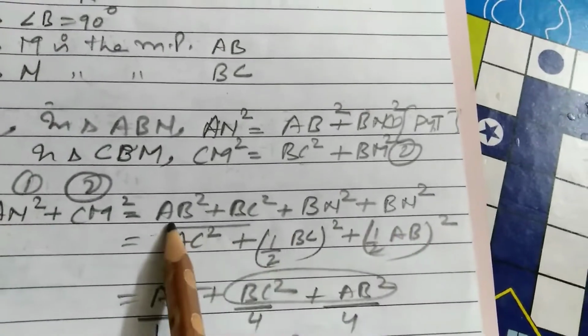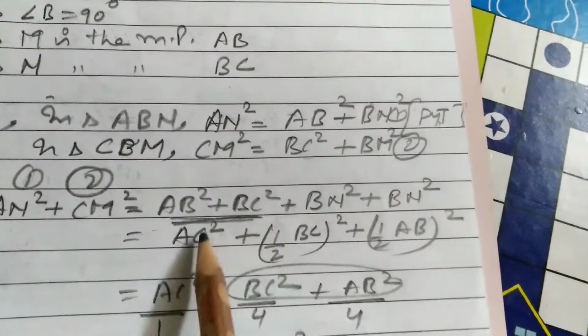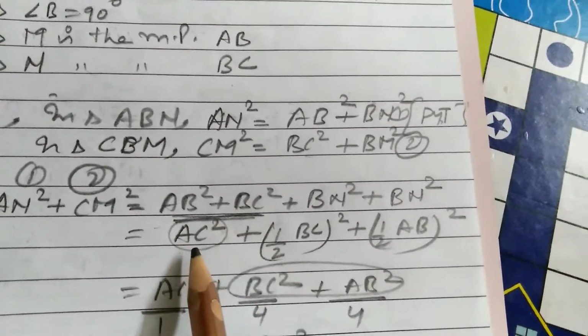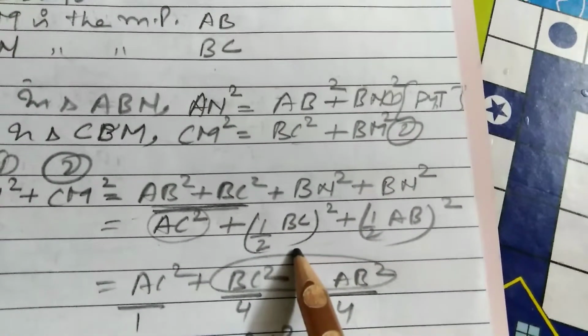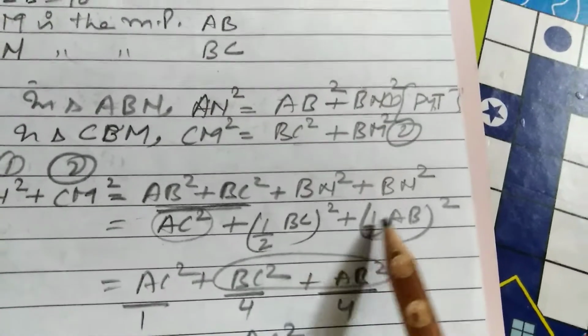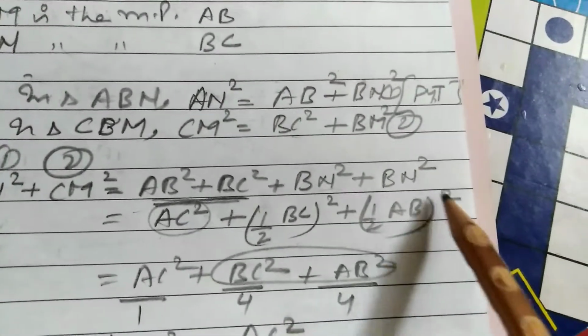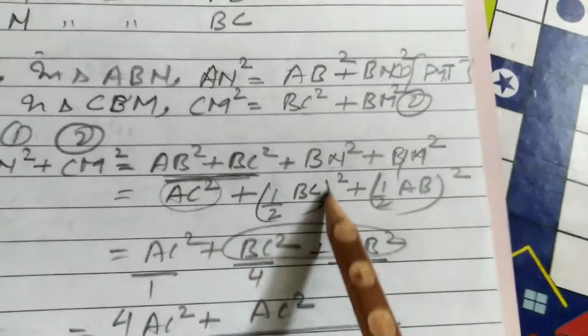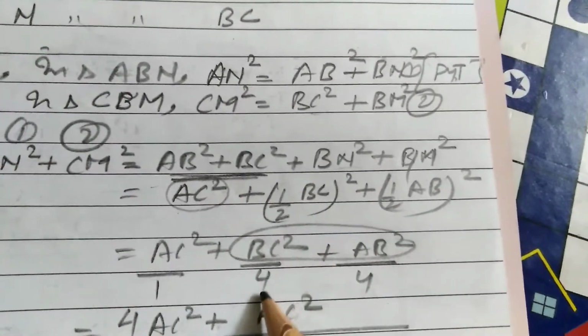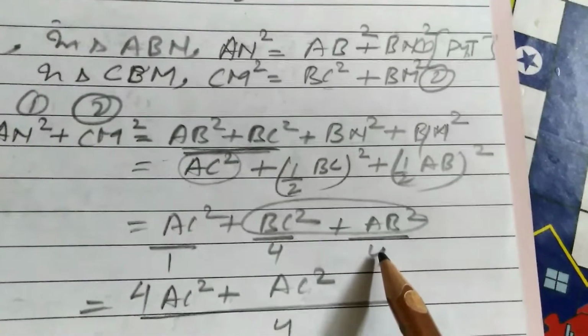AB square plus BC square will give us AC square by applying the Pythagoras theorem. BN is half of BC because it is the midpoint. Similarly, BM is half of AB, which is given. If we open it, we'll get BC square by 4, AB square by 4.